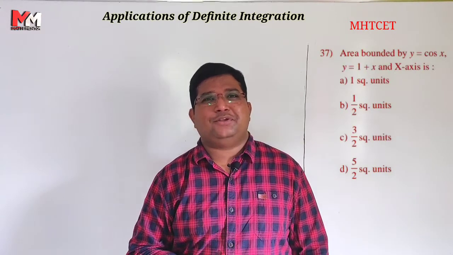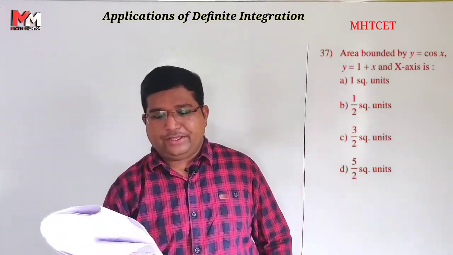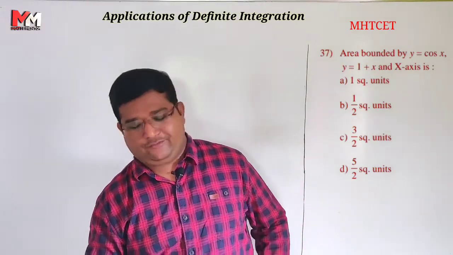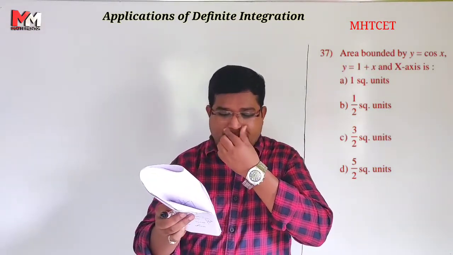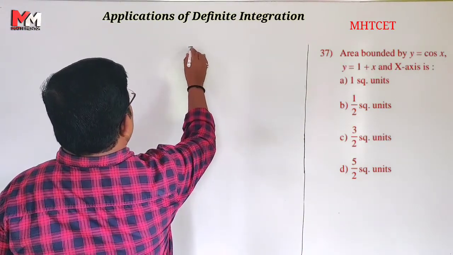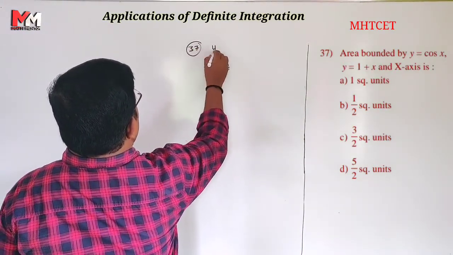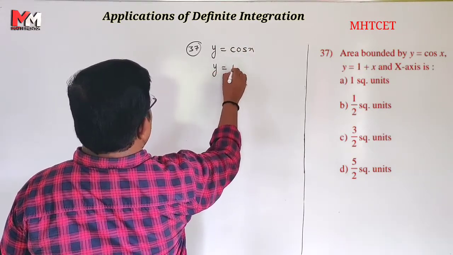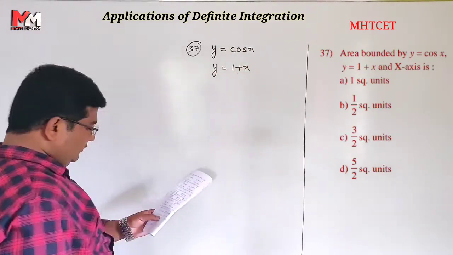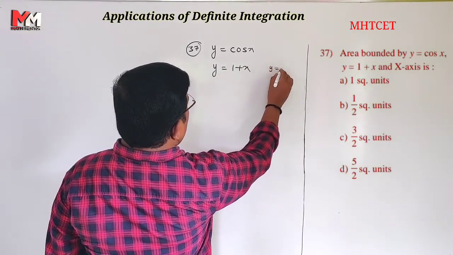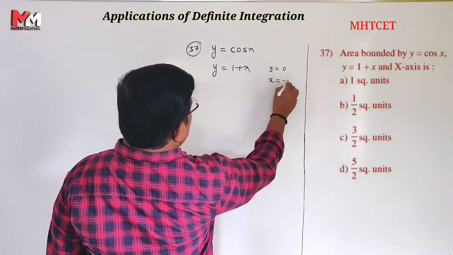Let's see MCQ number 37. The area bounded by the curve y is equal to cos x, so this is a trigonometric function, and y is equal to 1 plus x. So y is equal to cos x, and y is equal to 1 plus x or x plus 1. If we put y is equal to 0, x is equal to minus 1.